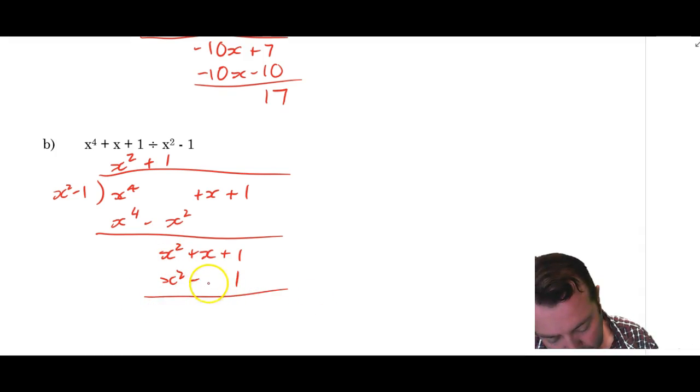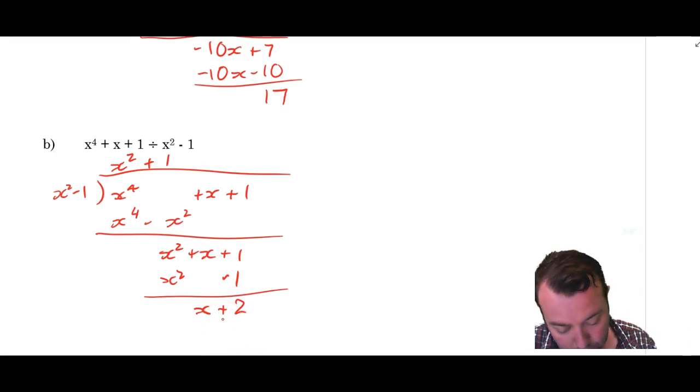Now, take that away. Now I've got an x minus 0x. In fact, sorry, I should put the minus over here. So that gives me an x, and 1 minus negative 1 is plus 2, sorry. And x squared doesn't go into my x anymore.